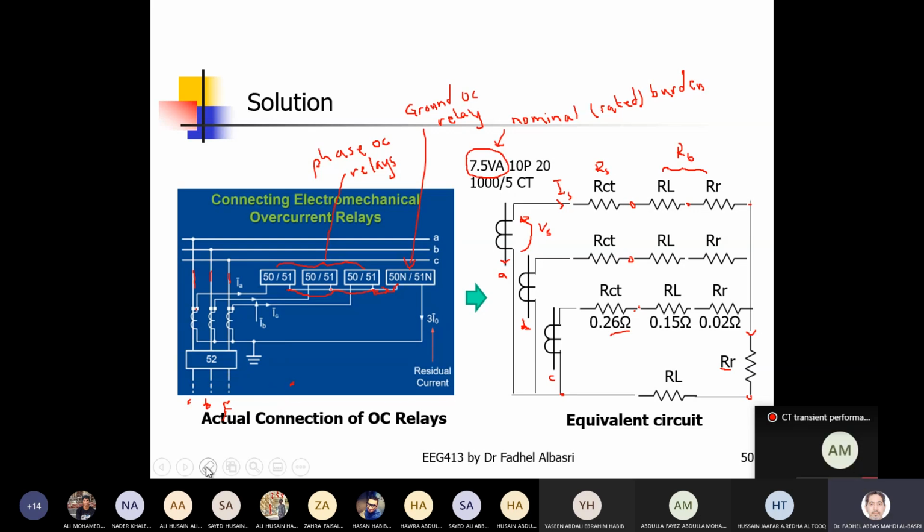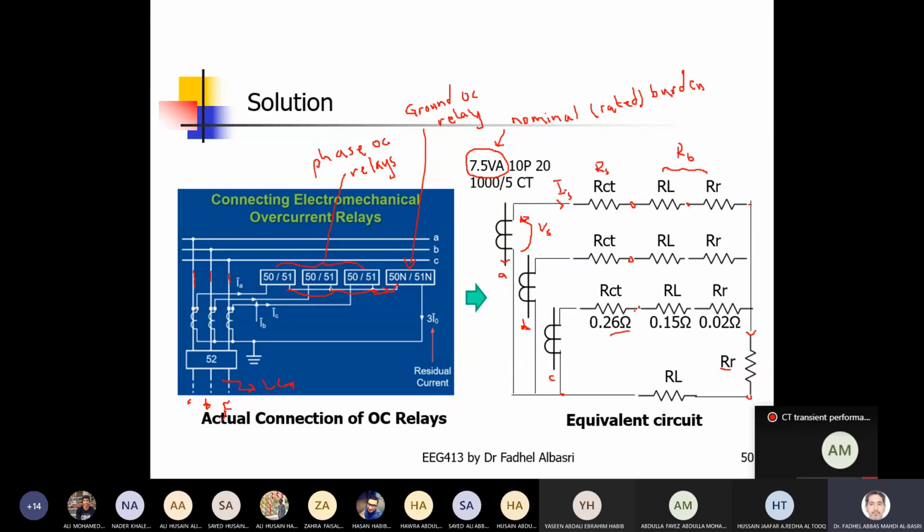So I have a fault something like this, one phase to ground. This is line to ground faults. It could be A to ground faults or B to ground faults.